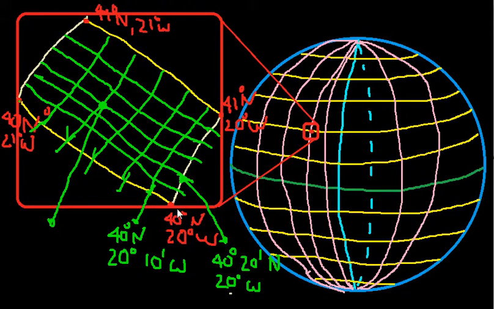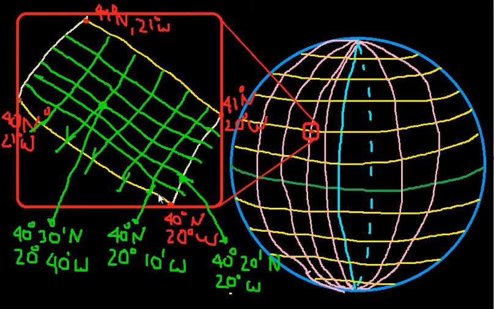This is going to be 40 degrees north and 30 minutes, and 20 degrees west and 40 minutes west. So the minutes allow us to find the points within this 1 degree of latitude and longitude.